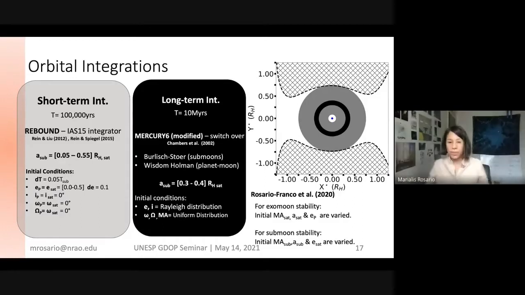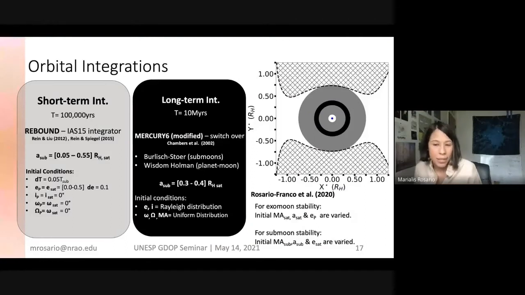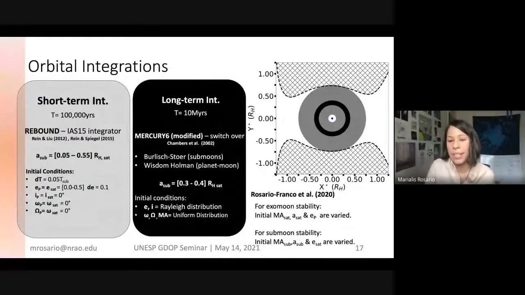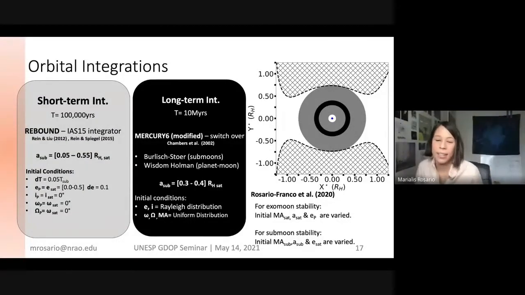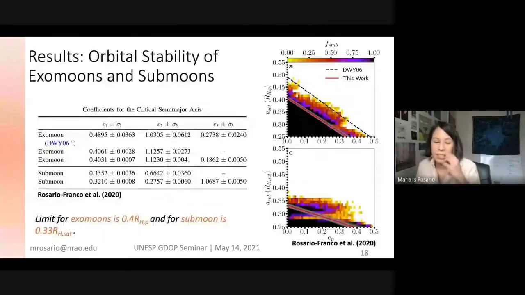With both of these, we aim to assess both exomoon stability and submoon stability. For exomoon stability, we varied the initial mean anomaly, the semi-major axis, and the eccentricity of the planet versus the mean anomaly and the semi-major axis of the satellite. And for the submoon stability, we varied the mean anomaly and the semi-major axis of the submoon with respect to the eccentricity of the satellite.